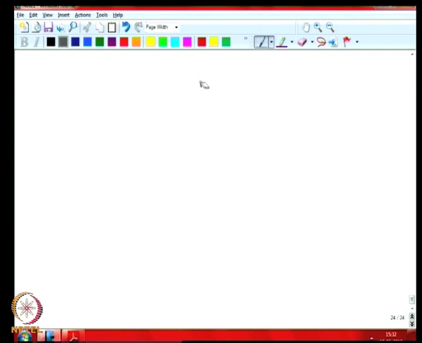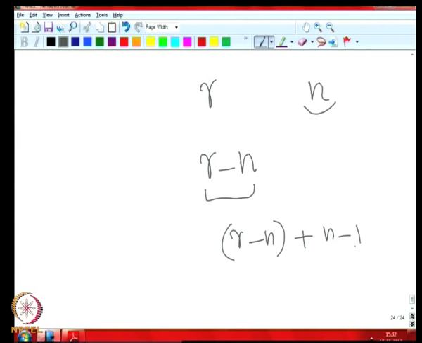Then what will happen? There are a total of r things to be selected, and n types are there. Because for each type we have to select one, we have to select it anyway. After that selection we have only r minus n things left to be selected, but these can be selected in such a way that we can avoid some type also; even 0 things can be taken of a certain type. So instead of r we have r minus n, and the number of types is n, so it is r minus n plus n minus 1, choose r minus n.